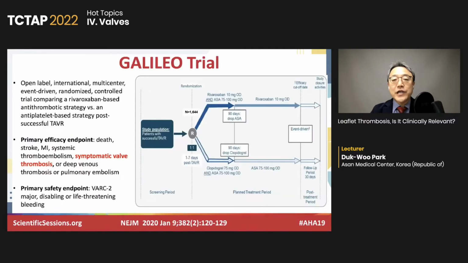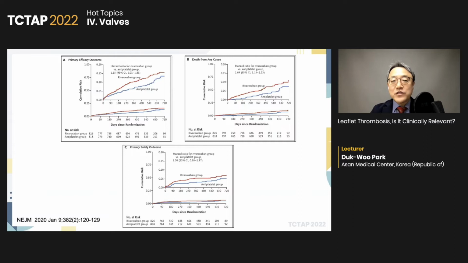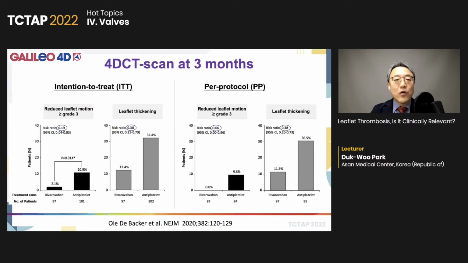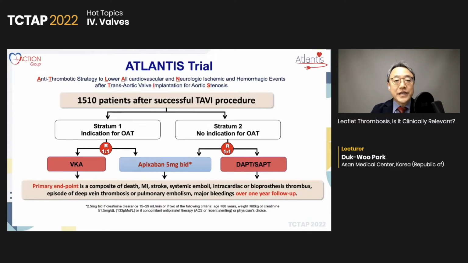One of the big trials is the GALILEO trial, and the co-moderator is a co-PI in this trial, which evaluated rivaroxaban. Its finding was disappointing. All clinical outcomes, the efficacy outcome, all-cause mortality, even the bleeding outcome were poor with rivaroxaban. Although the morphological data from the CT study with rivaroxaban use showed much lower leaflet thrombosis, the clinical outcome was absolutely a different finding.